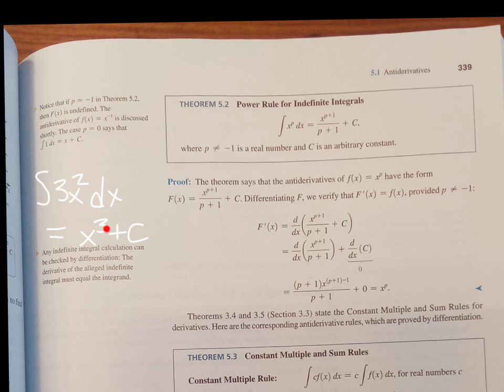The 3 comes out front. To deal with that, we have to divide by whatever that is. Not a big deal. All you're doing is adding 1 to the exponent and then dividing by that same number, no matter what else is going on. And then make sure you get your C in there.